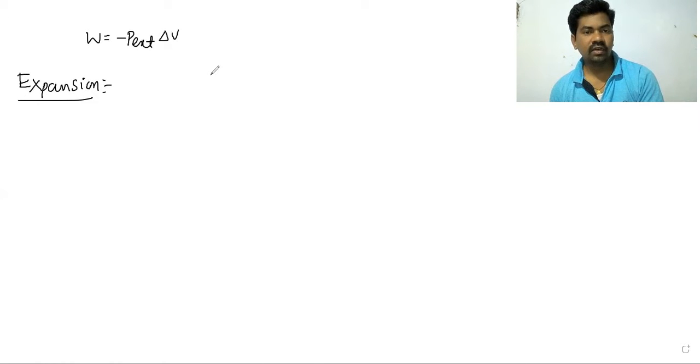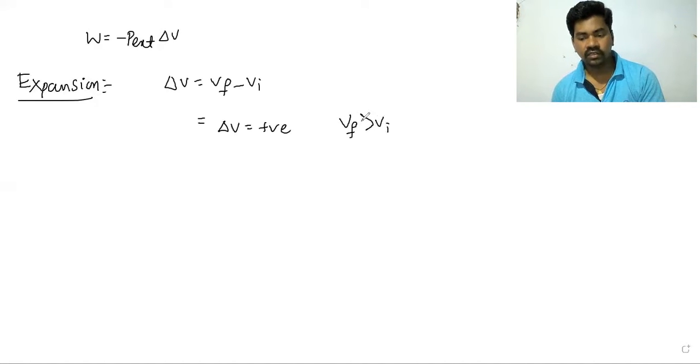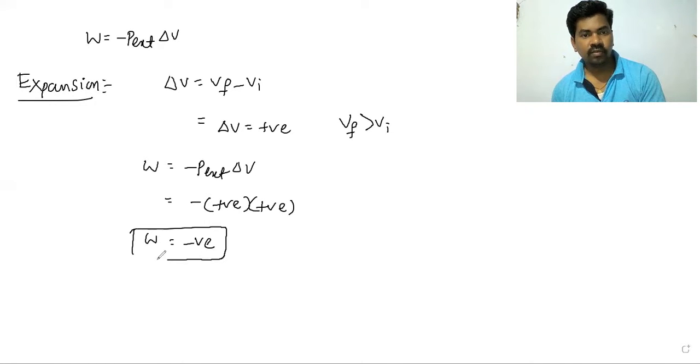Delta V is equal to Vf minus Vi, so delta V is positive, since V final is greater than V initial. So W is equal to minus P external into delta V, which is minus of positive into positive. So the overall value of W will be negative.